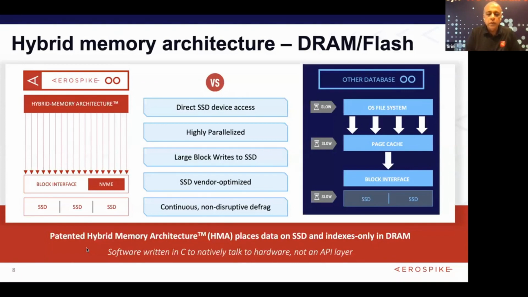In order to do that, we leveraged SSDs very heavily. One of the most important things about Aerospike algorithms is our ability to treat the data available on SSD to be real time. What we mean by real time is we are able to deliver sub-millisecond access times on data available in SSDs for both reads and writes.